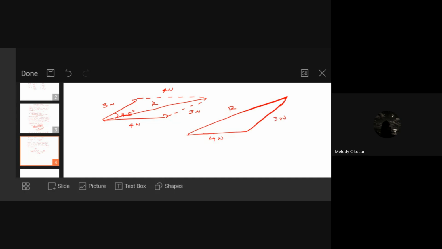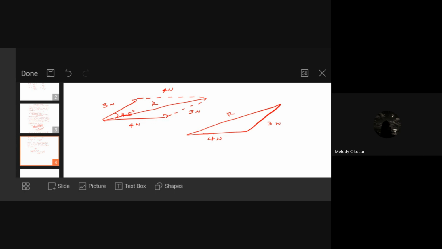Please, try as much as possible to make the diagram look like it, of course, 3 Newton should be less than 4 Newton. Let me even correct that. Because these are vectors, we have to consider the length of the line in sketching our diagrams. All right. So something like this. Yes. So clearly this place is 4 Newton. So this is 3 Newton. And this is my R.